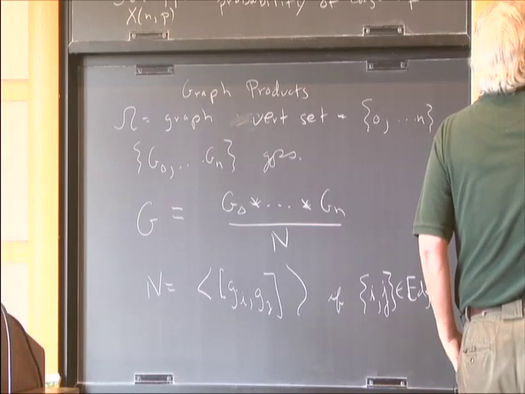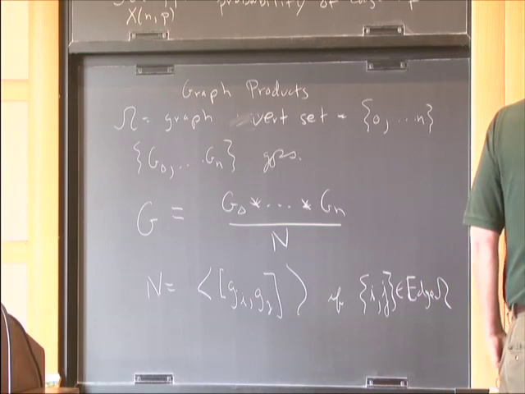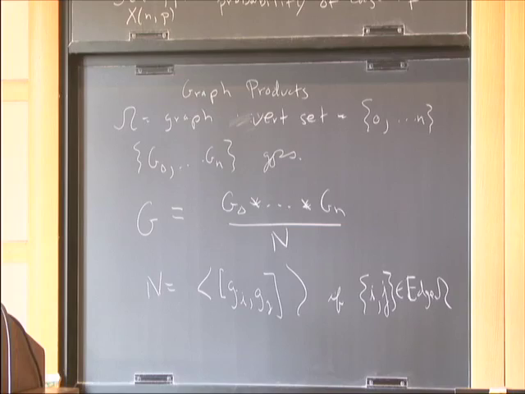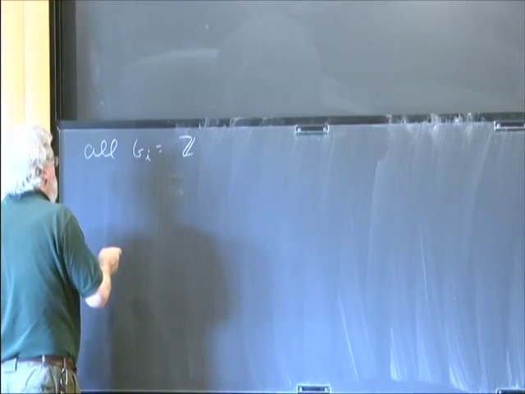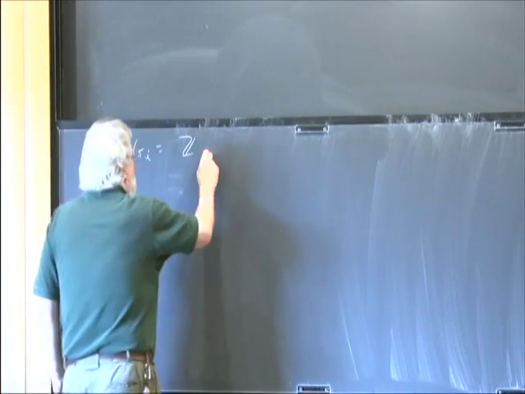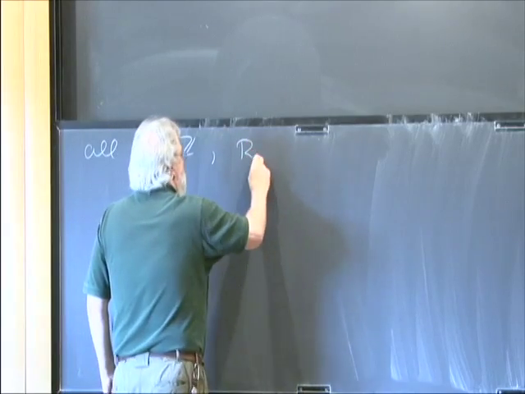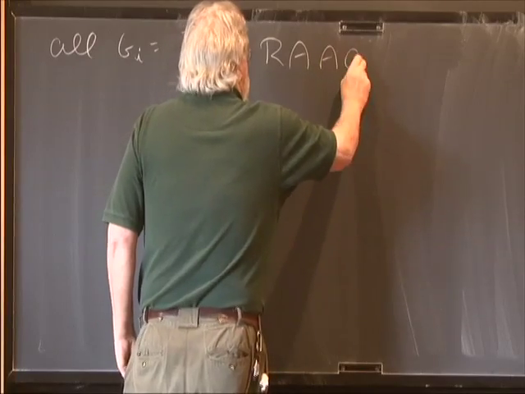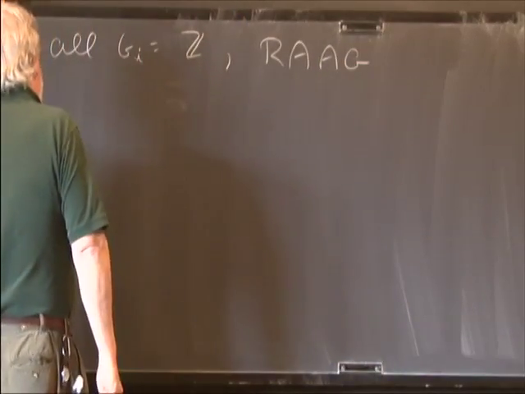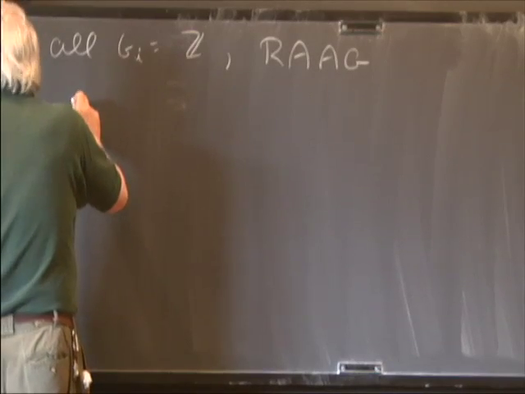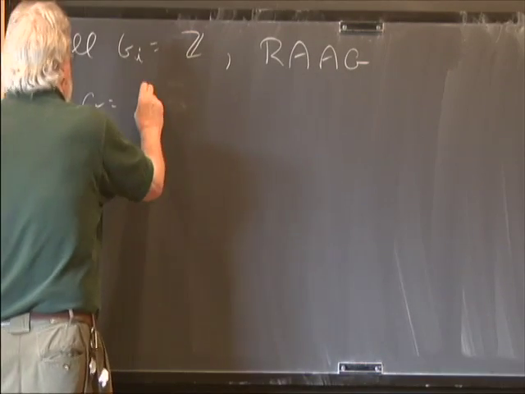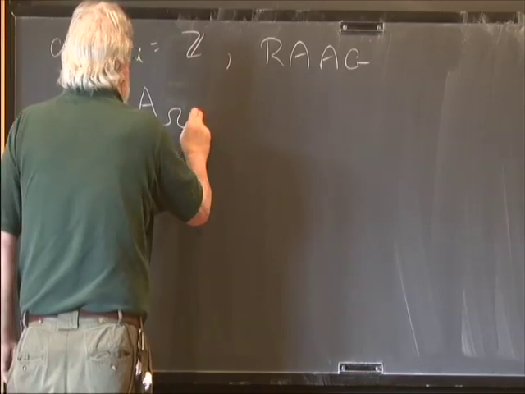For example, if all the G_i are infinite cyclic, then you get what's called a right-angled Artin group. Nowadays people often write right-angled Artin group, or RAAG. Instead of G, I'll call that A, and it depends on omega.